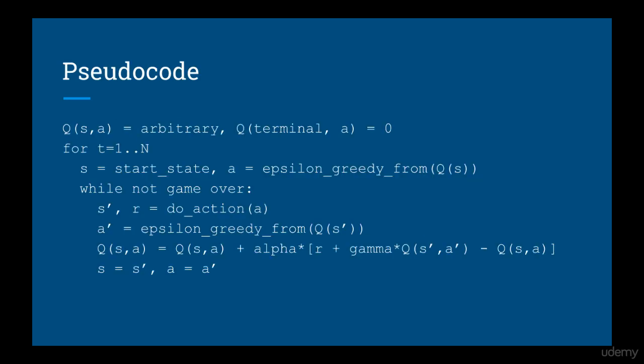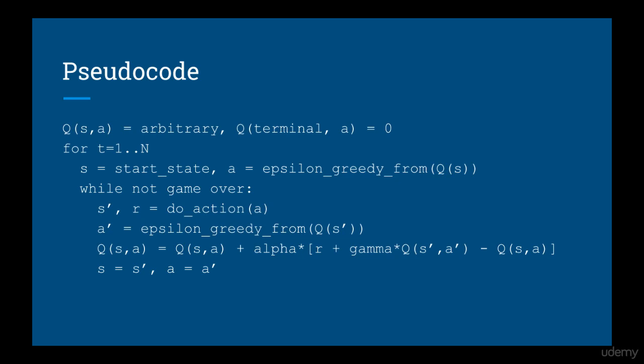Let's look at some pseudocode to solidify this idea. First, we initialize Q arbitrarily and 0 for any terminal state. Next, we enter an infinite loop. Inside the loop, we start a game. We get the first state and select the first action based on epsilon greedy and the current Q. We'll call this the tuple S, A. Inside this loop, we start another loop that ends when the episode is over.